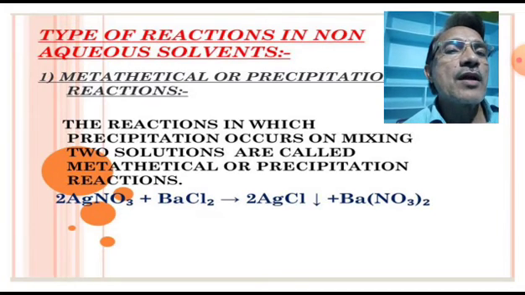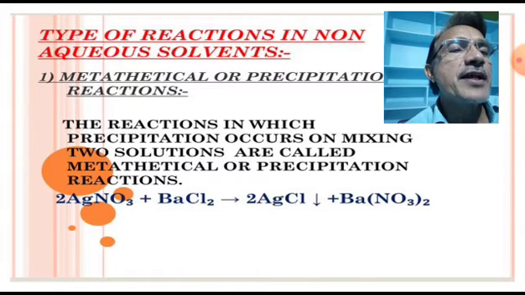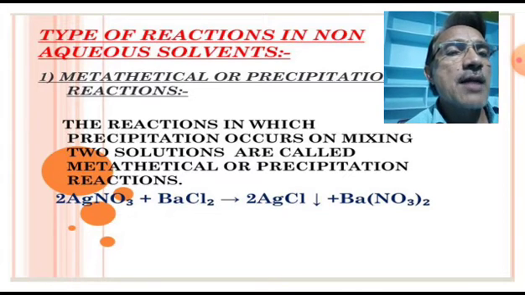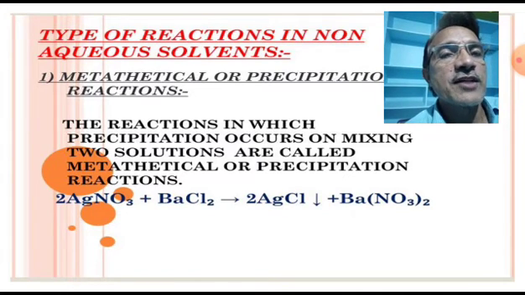Example: when AgNO3 solution is mixed with BaCl2 solution, within no time the chemical reaction completes, giving rise to white precipitate of AgCl and Ba(NO3)2 solution. This reaction is an example of double decomposition.